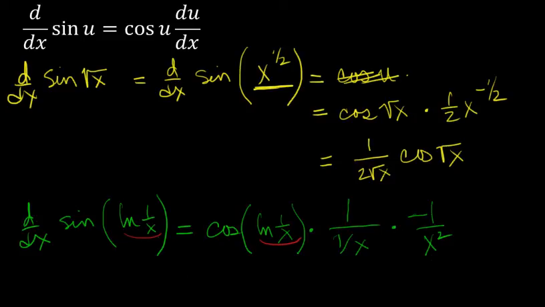So let's simplify this. 1 over 1 over x, that's just x, and the x cancels with one of these. So this is minus 1 over x times the cosine of the log of 1 over x. That's our derivative.